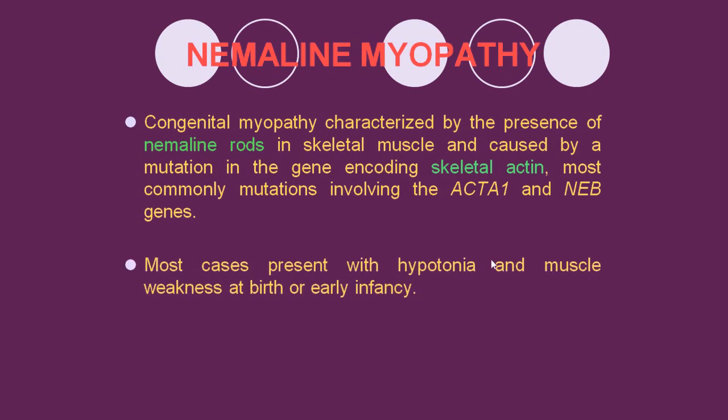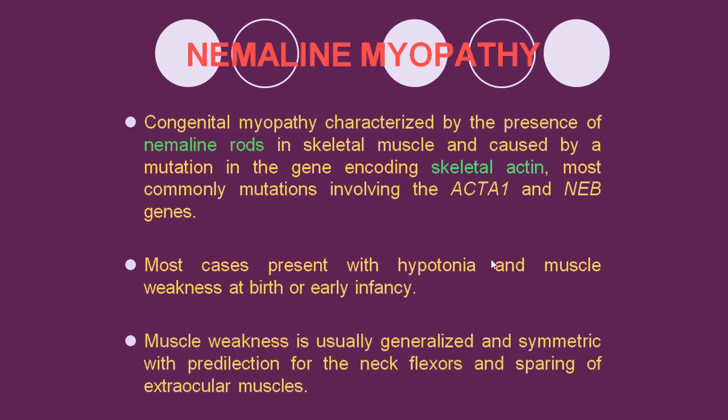Most cases present with hypotonia and muscle weakness at birth or early infancy. Muscle weakness is usually generalized and symmetric, with predilection for the neck flexors and sparing of extraocular muscles. The key words in Nemaline myopathy here are nemaline rods, caused by mutation in the gene encoding skeletal actin.